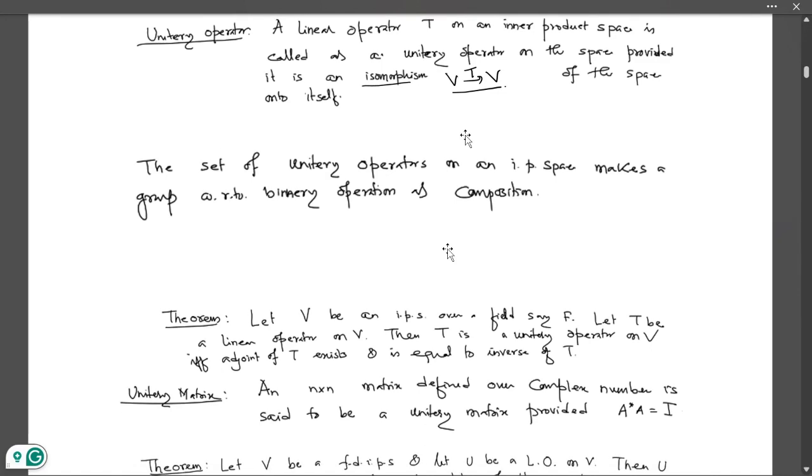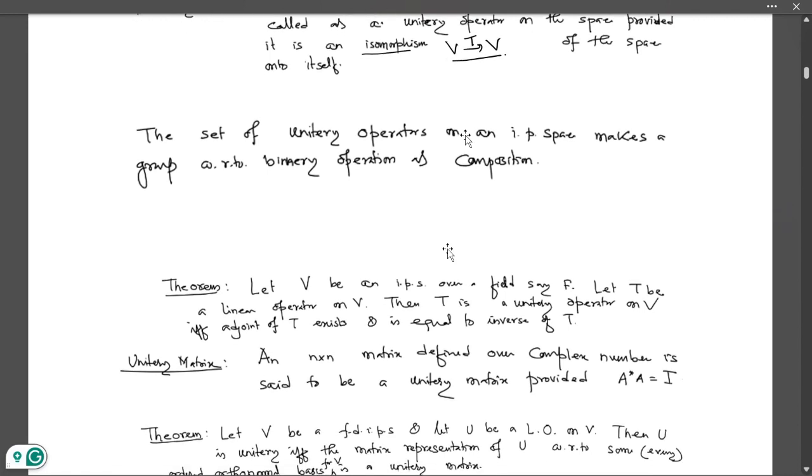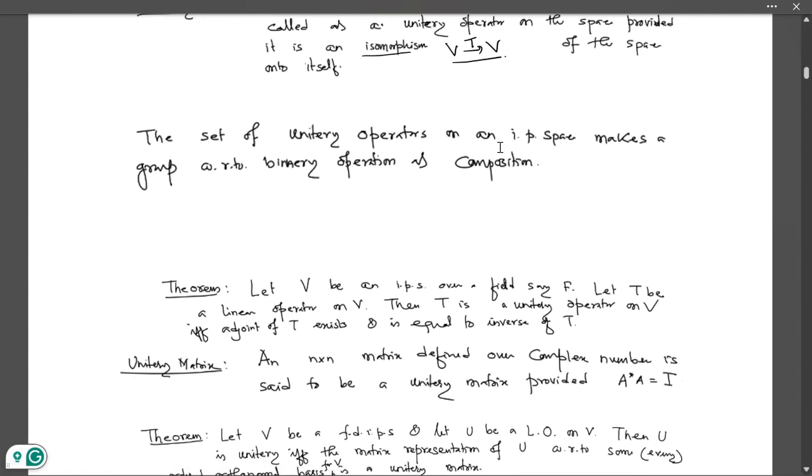So, let's see. The set of unitary operators on an inner product space makes a group with respect to the binary operation of composition. So composition of unitary operators is again unitary.